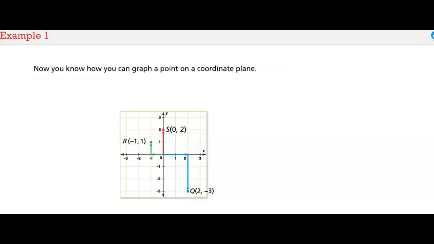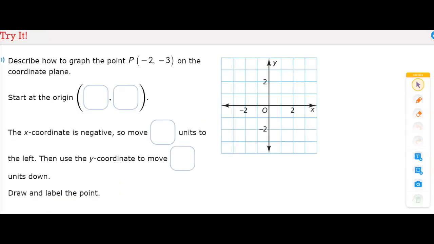Now you know how you can graph a point on a coordinate plane. Describe how to graph the point P (-2, -3) on the coordinate plane. Start at the origin, right in the middle, which is 0 and 0.